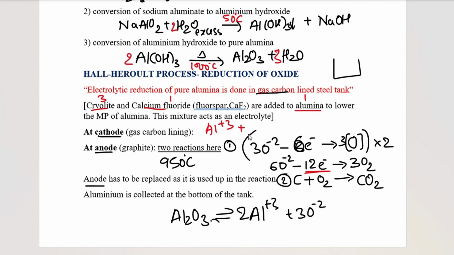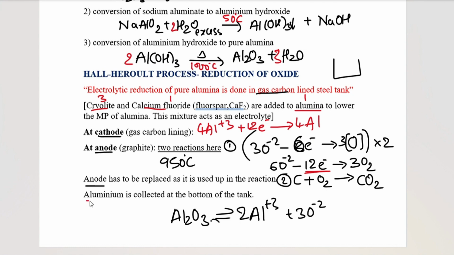But there should be 12, so if I write 12 electrons, we need 4 aluminium ions. 4 aluminium ions will accept 12 electrons and give you 4 aluminium atoms. So this is the correct cathodic and anodic reaction.